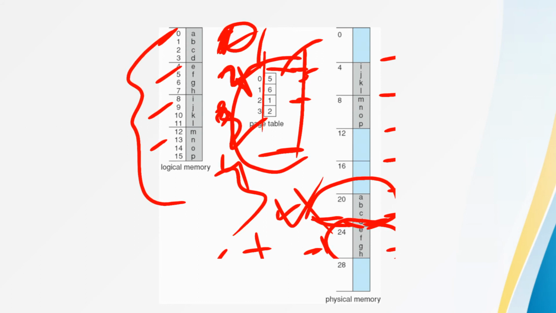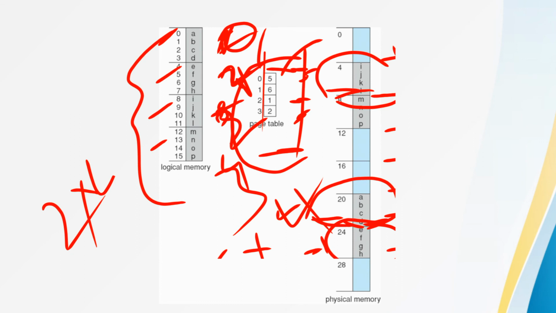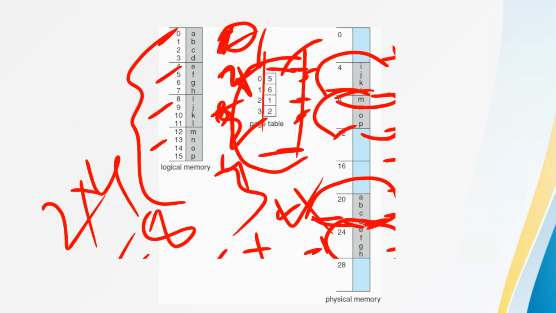The 4 will be filled with I, J, K, L. Okay, and page 3 has frame 2. 2 into 4, 4 2s are 8. So the 8th location will be filled with M, N, O, P. Okay.